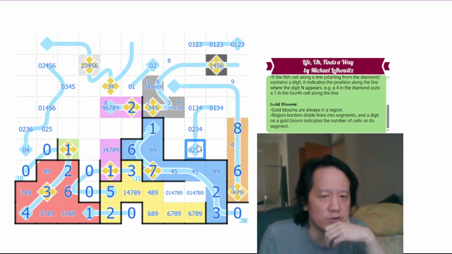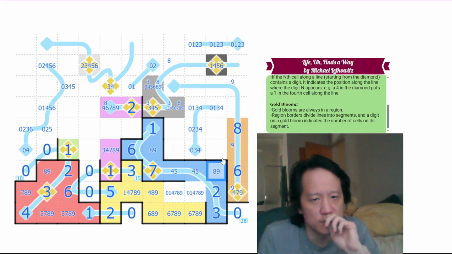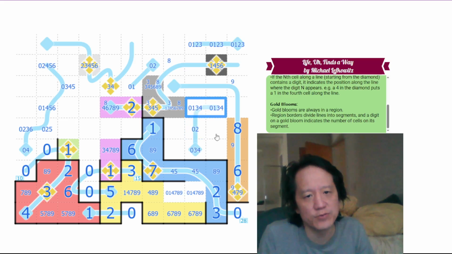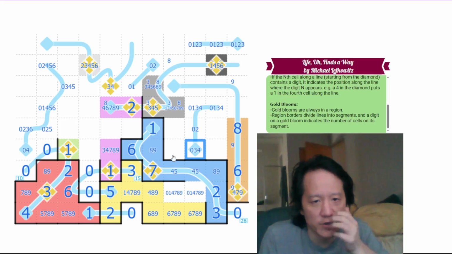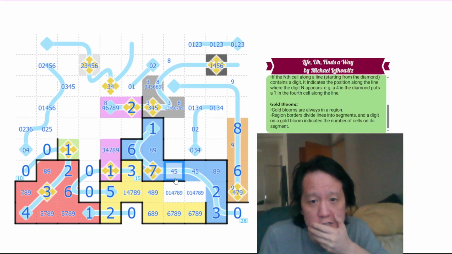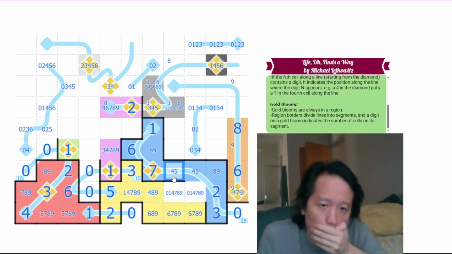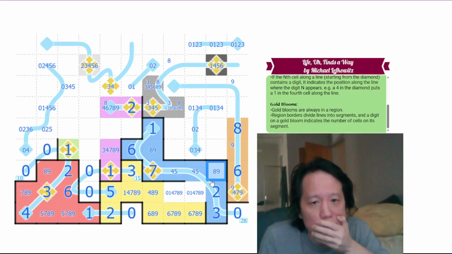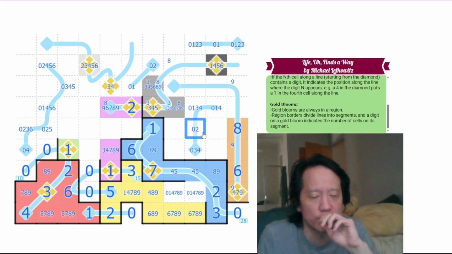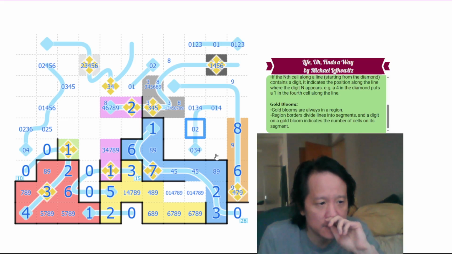If this were a real digit, it could only be in 3 or 4. So this can't be 2. 2 can only be in 2. Cannot be 3 or 4, can't be in 1, because 1 cannot be in this spot either. Interesting. 3 cannot be here. This can't be 2 or 3.